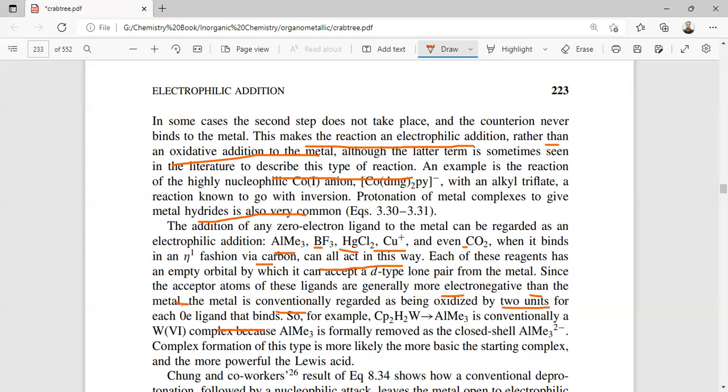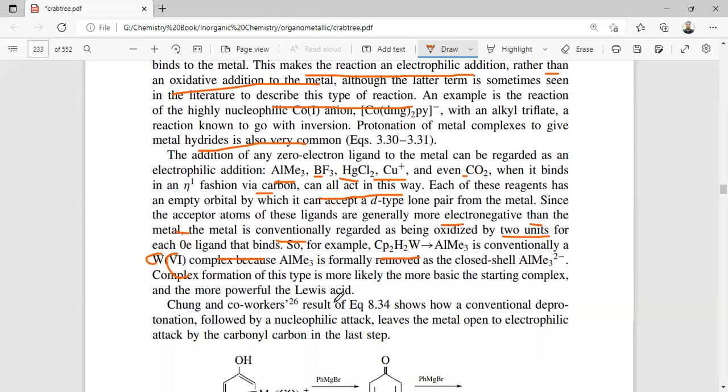For example, in Cp2H2W-AlMe3, tungsten is in the +6 oxidation state, because the AlMe3 is formally treated as removed by the closed-shell Me3 minus, and a complex formed in this way is more basic than the starting complex and a more powerful Lewis acid.